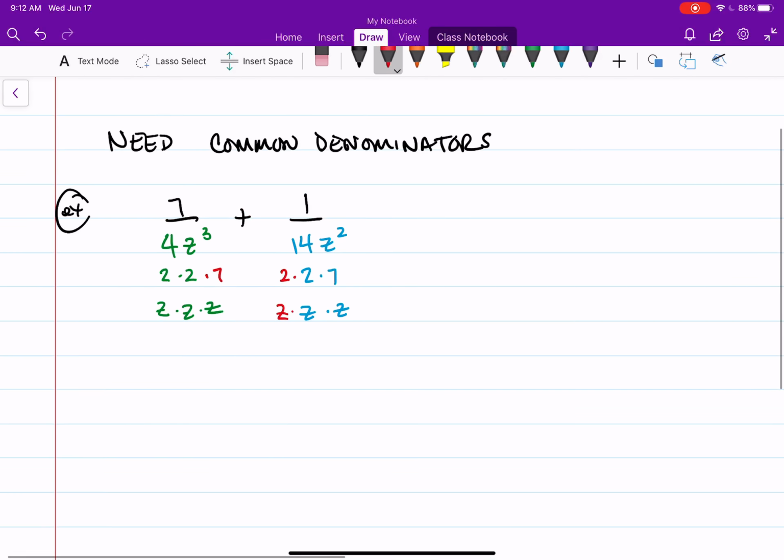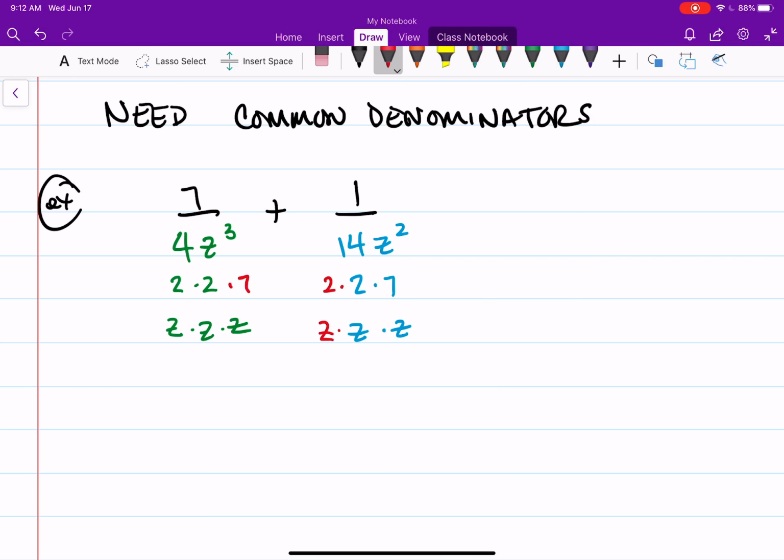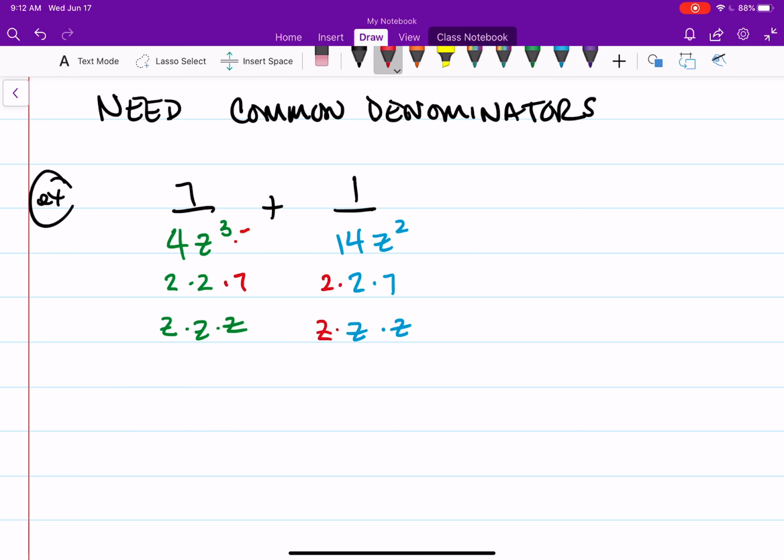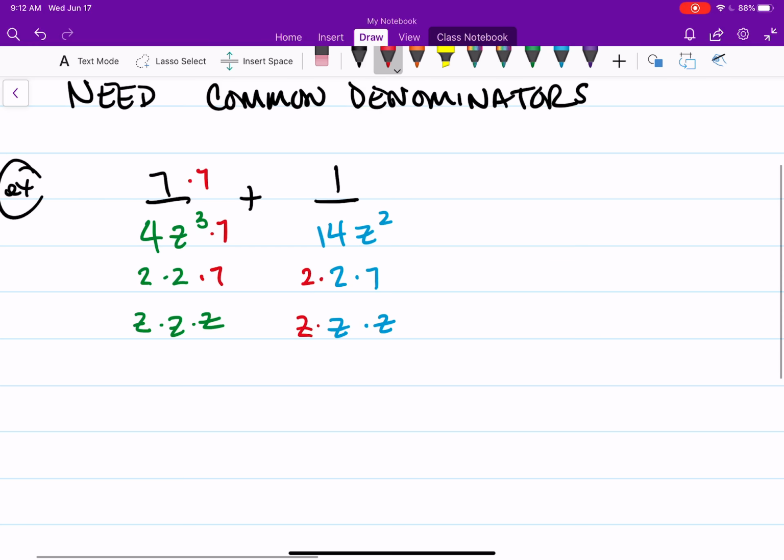With the green, the 7 is what's missing, so I have to multiply by 7. If I do it to the bottom, I have to do it to the top. On the blue, what was missing? It was missing a 2z, so I multiply the bottom by 2z, which means I multiply the top by 2z.